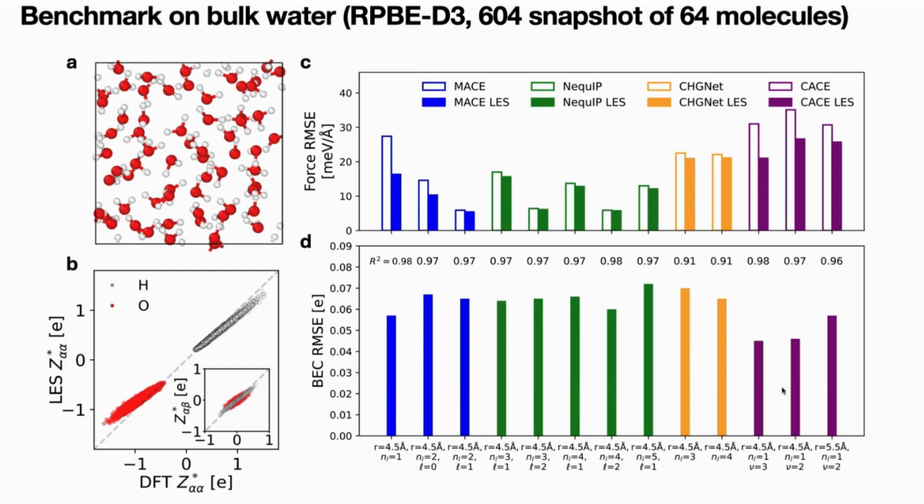Again, coming back to this system, we just tested many short-range machine learning potentials, including MACE, NequIP, ChargeNet and so on. You see that adding the long-range correction uniformly improves the performance of the model, and most importantly, in all of these cases, we can recover the Born effective charge.